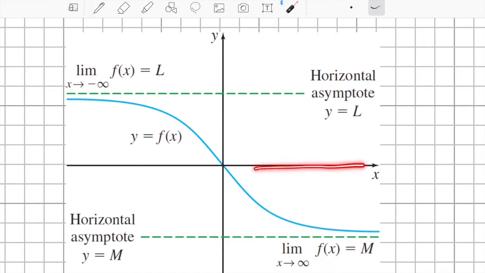So again, as we approach infinity, the graph is approaching a certain y value, that will be a horizontal asymptote. So again, if you're taking the limit at the infinities and you get a number, then that means that is a horizontal asymptote.